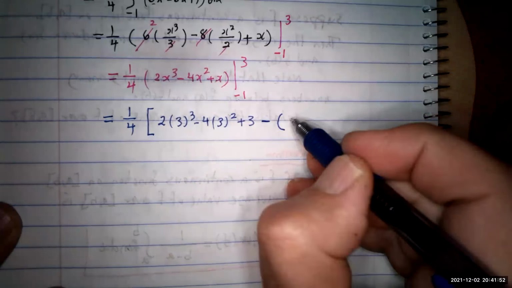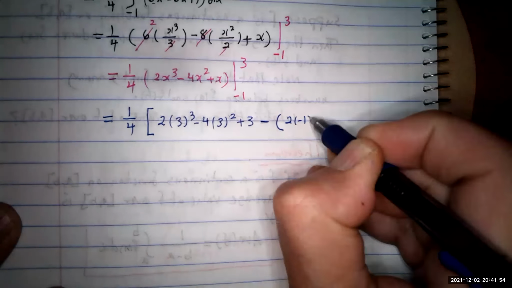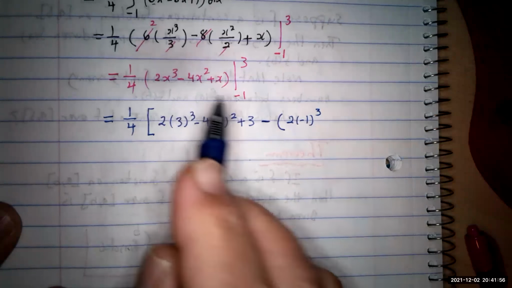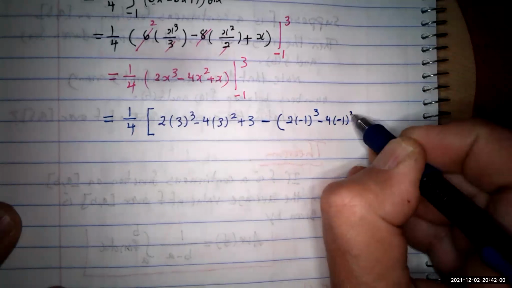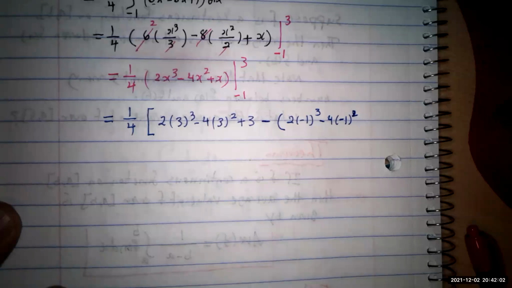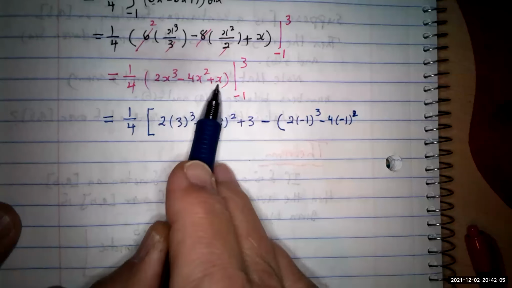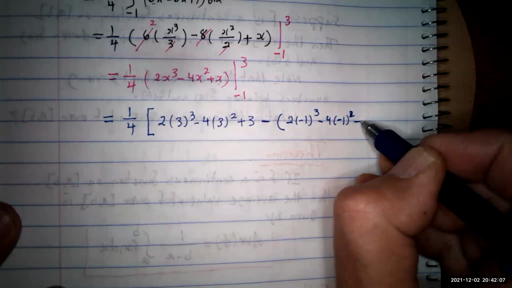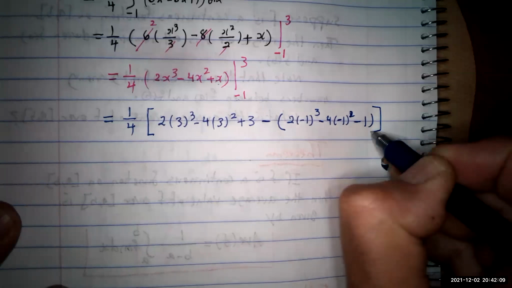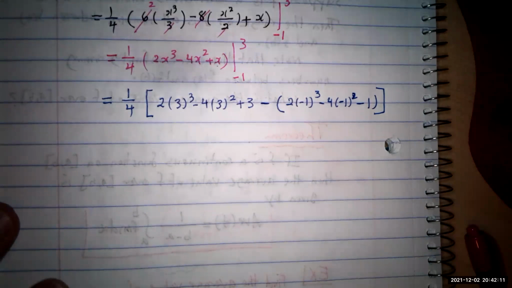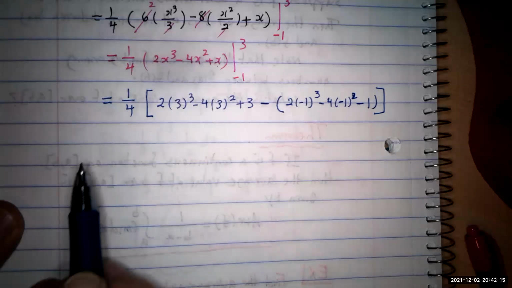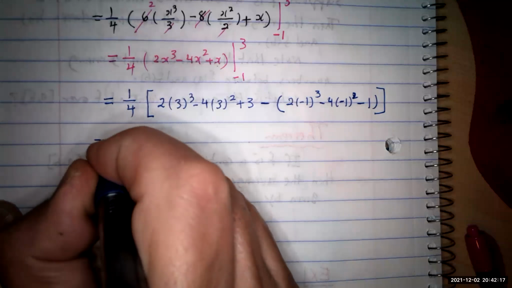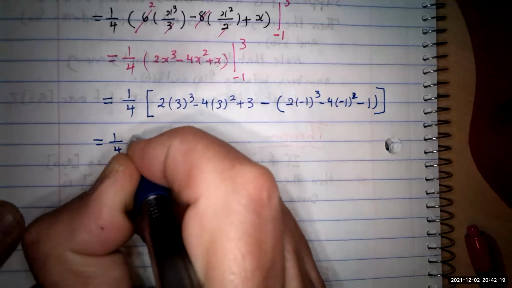So it's going to be 2 times -1 cubed, minus 4 times -1 squared. Okay, and minus 1. That is the second part. So just replace the x by 3, then x by -1. It's going to be 1/4.